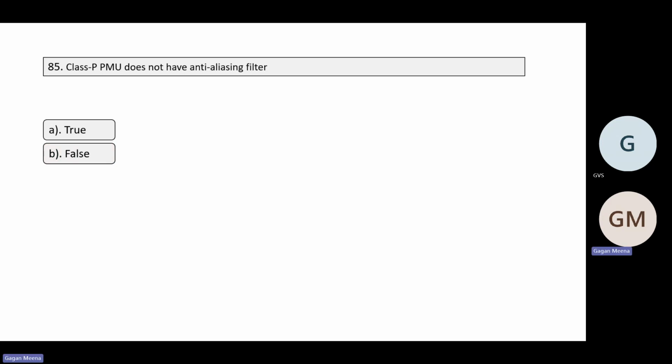Class P PMU does not have an anti-aliasing filter. Here we have two classes: one is measurement class, one is protection class. In measurement class, we want accuracy, so we can afford some delay. In protection, we want fast, quick, so we don't want delay, and a filter will introduce delay.